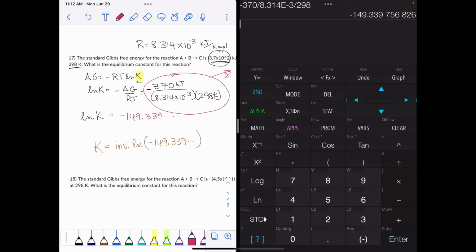My LN button is right there in this first column. And the inverse of that button, the second function, I'm hitting my second function. You see it in the upper left hand next to the LN is e to the x. That is the inverse log. So I'm going to hit that button, and notice it's waiting for my e to the x. I'm going to pull back up the answer.